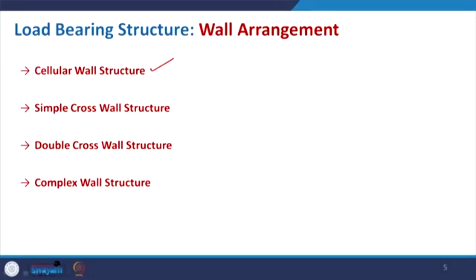So, the cellular wall structure, then simple cross wall structure, then double cross wall structure and the complex wall structure. In subsequent slides we will try to understand what these arrangements are and where we actually require this kind of arrangement for the load bearing structure.